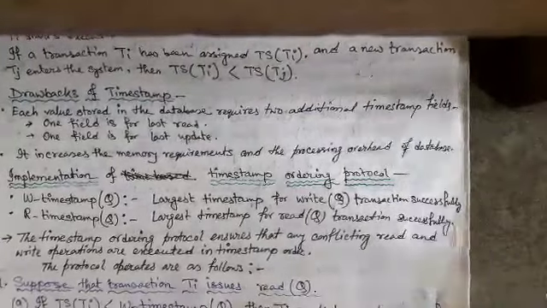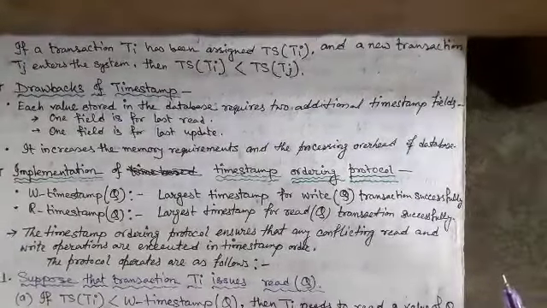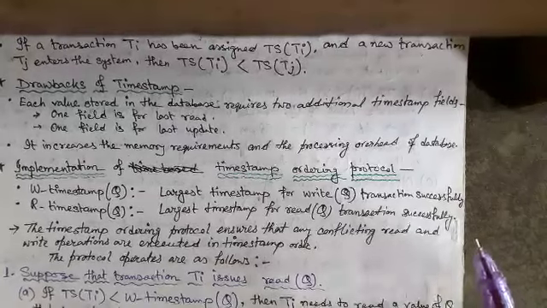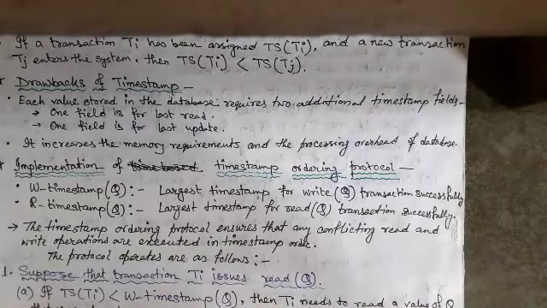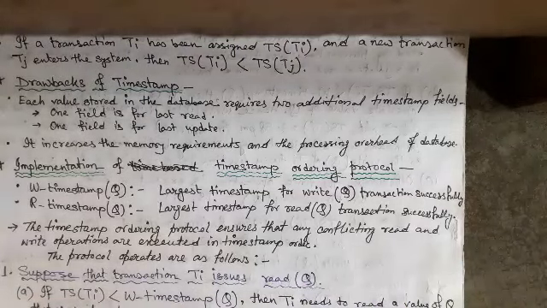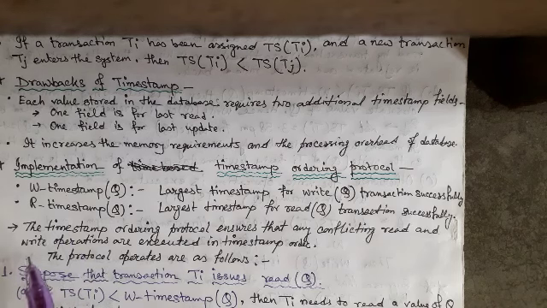Now, at first, we implement the timestamp ordering protocol. For implementing the timestamp ordering protocol, we must know two specific keywords: one is W-timestamp and another is R-timestamp. W-timestamp stands for the write timestamp and R-timestamp stands for the read timestamp.